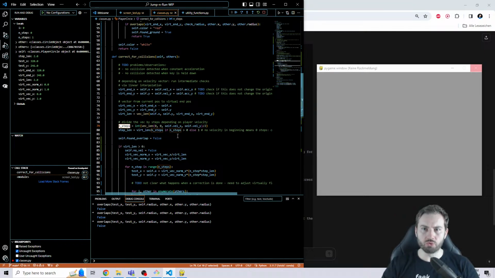And this might also be the reason why the acceleration is not really in there. Because, of course, the acceleration should also play a role in the end steps. So what if I always make 30 steps? For now.